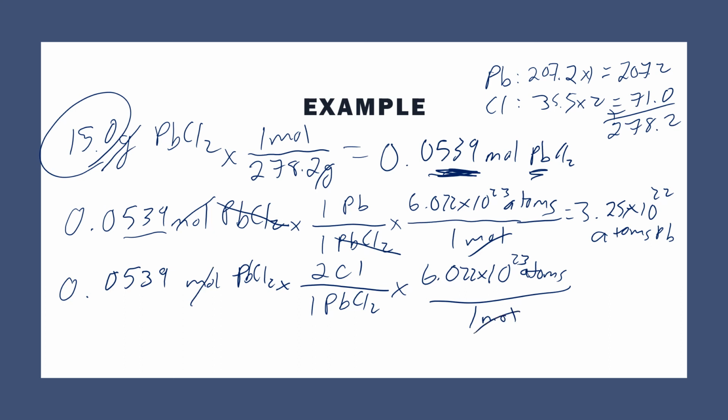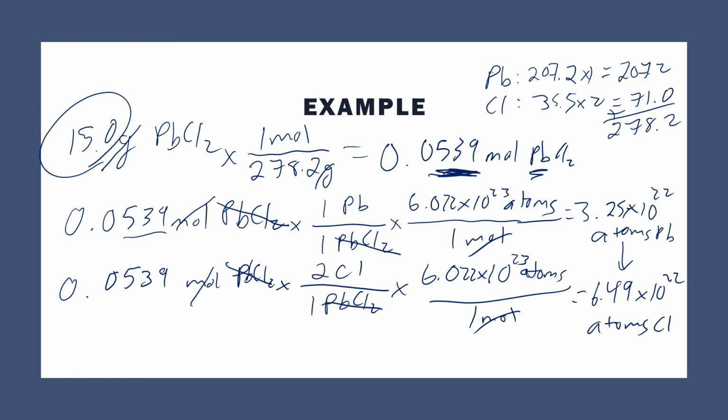Moles cancel, the lead 2 chloride cancels. And so this time you do 0.0539 times 2 times Avogadro's number. And you would get 6.49 times 10 to the 22nd atoms of chlorine. Or, because we already changed it into atoms, we can just multiply directly by 2 to get the atoms of chlorine. But I wanted to show you both ways.